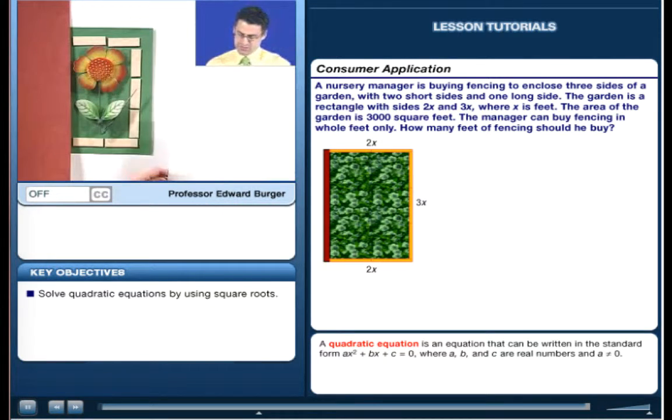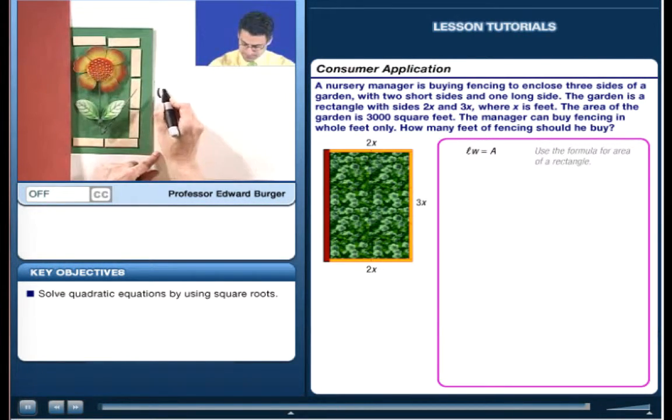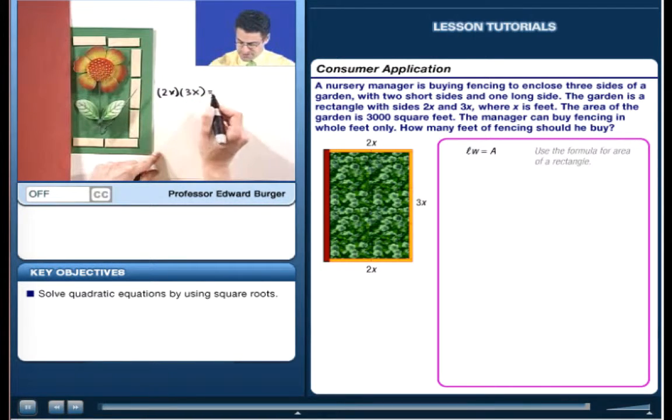It turns out that once we set things up, we might see a quadratic. Because what is the area? So the area we know is supposed to be 3,000 square feet. And we know the area is going to be, well, 2x multiplied by 3x. So length times width. So 2x times 3x is supposed to equal 3,000.